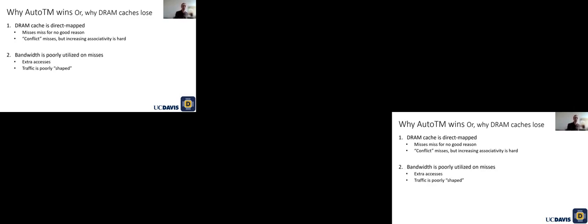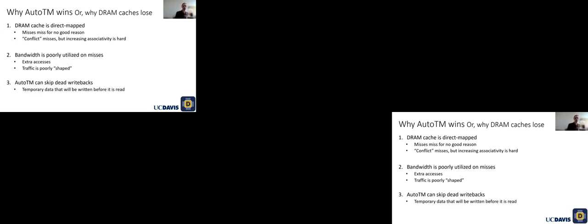Second, as we saw in the previous section, bandwidth between the DRAM and the persistent memory is really poorly utilized whenever you're missing in the cache. You end up with a lot of extra accesses, as we saw before. But the other thing, as I mentioned, is that the traffic ends up poorly shaped. When you're using DRAM as a cache, you end up with random writes to memory, whereas if you're smarter about it, you can do sequential writes, which is much better performance.